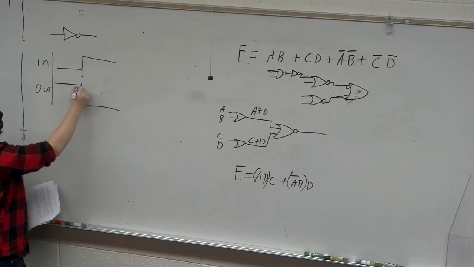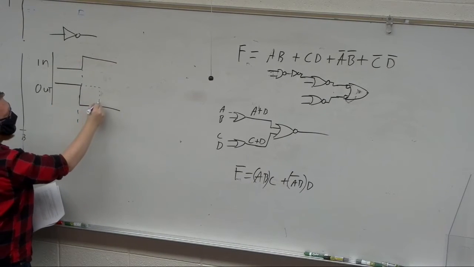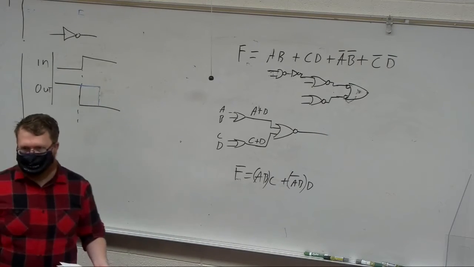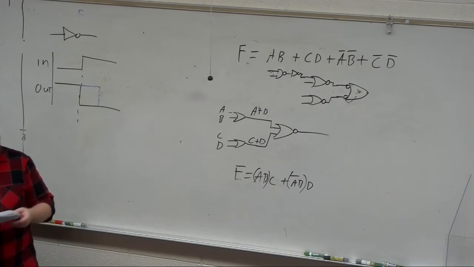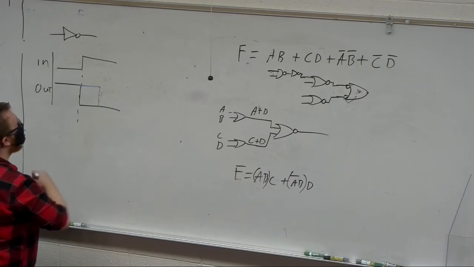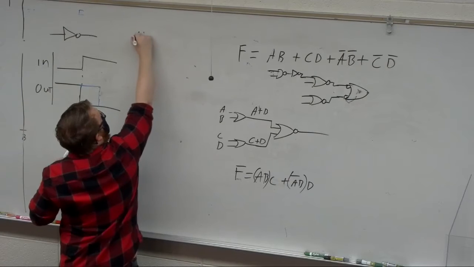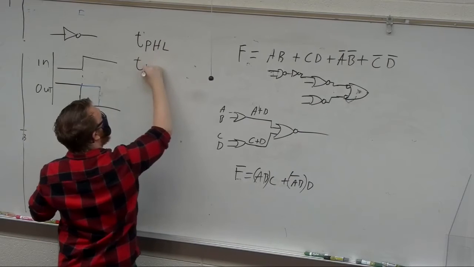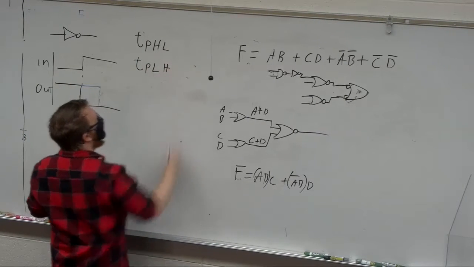So this switches at the input, and after some amount of time, it's going to switch. That delay is what we call propagation delay. You will find propagation delay in the data sheet, which we've talked about before, and it's going to be defined as time propagation high to low, or time propagation low to high.